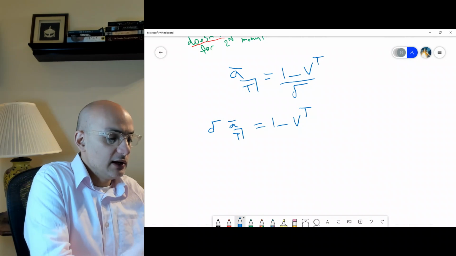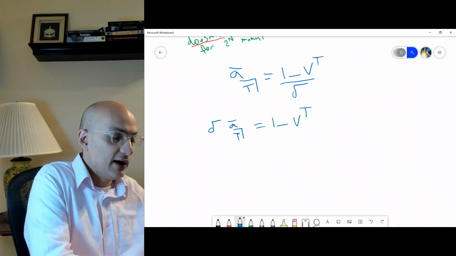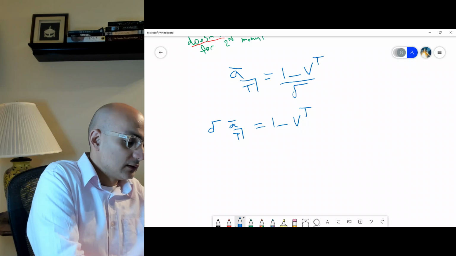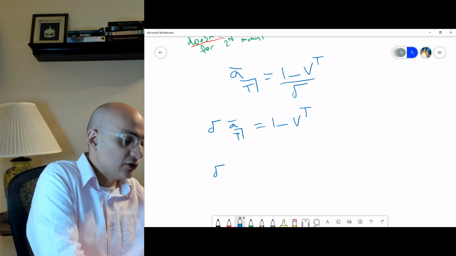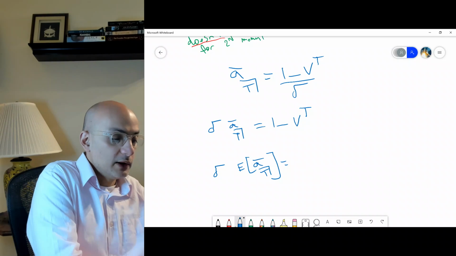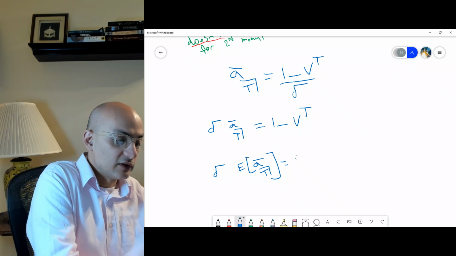What now? Let's take the expected value of both sides. Take the expectation, then delta is constant, it will go outside. Then this one will be the expected value of a bar angle T. The expected value of 1 is 1, minus stays minus, expected value of v^t.